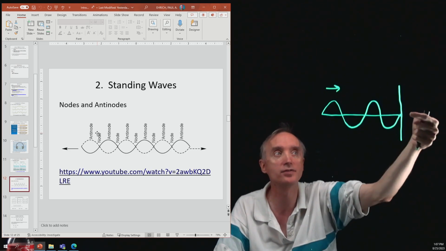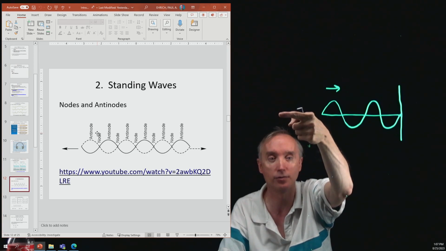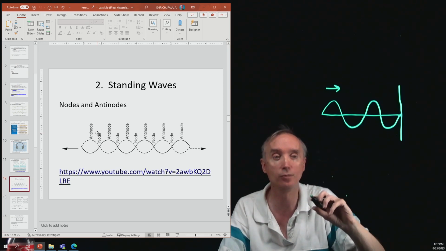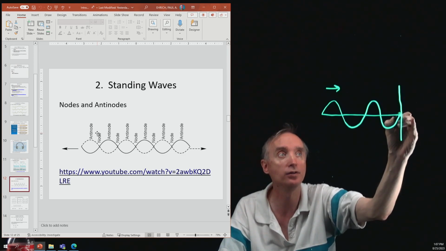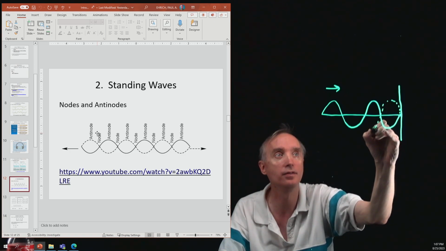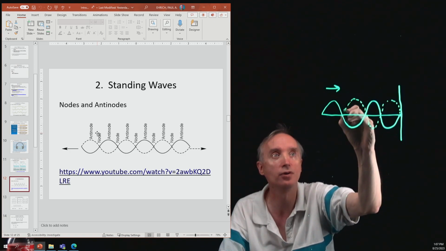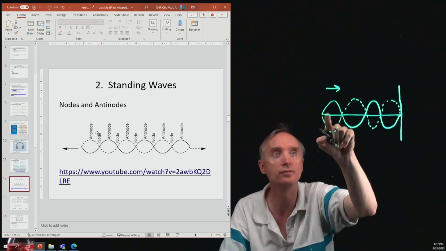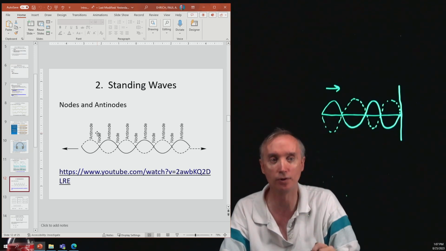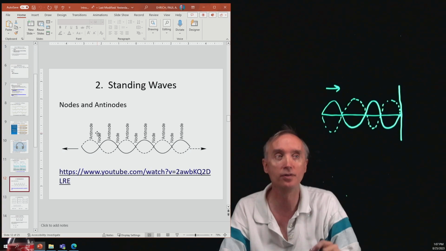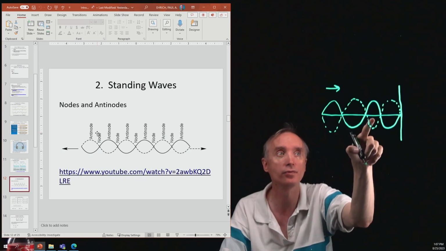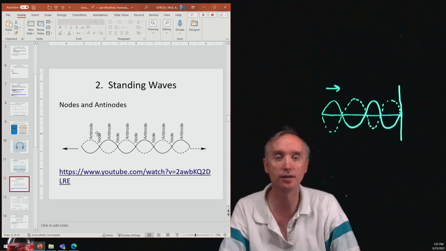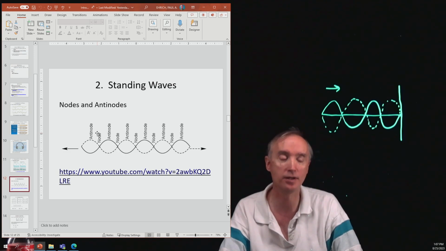The wave that's going in the opposite direction could be represented with a dotted line, and it could look something like this. Notice that when one of the waves is going up, the other wave is going down. So this would be 4 standing waves that are being generated.